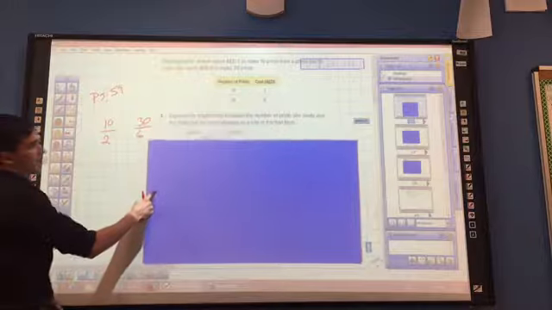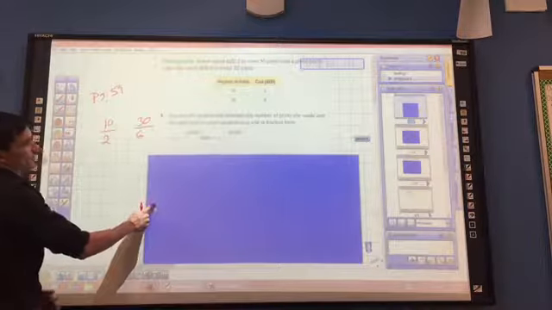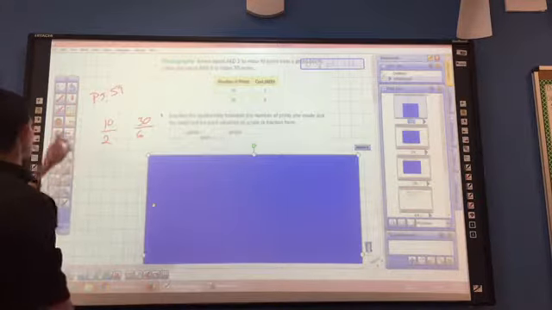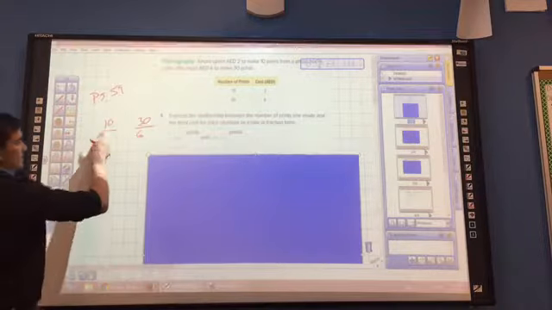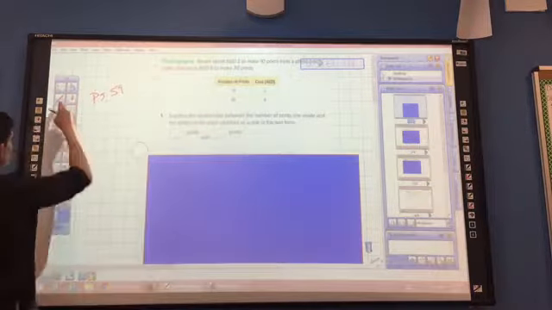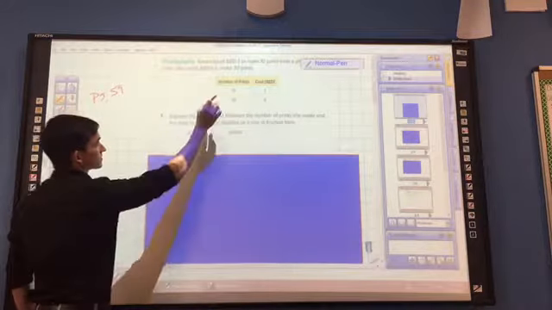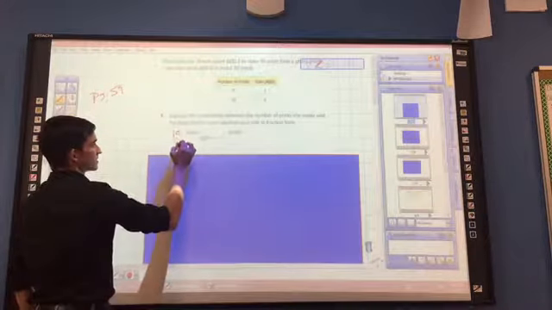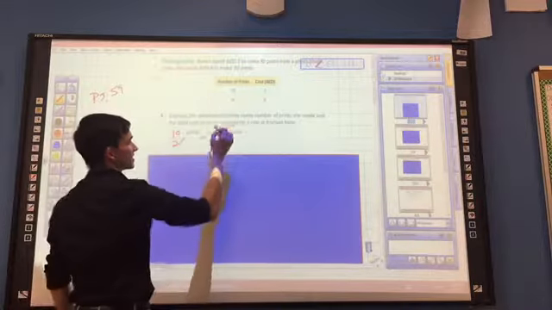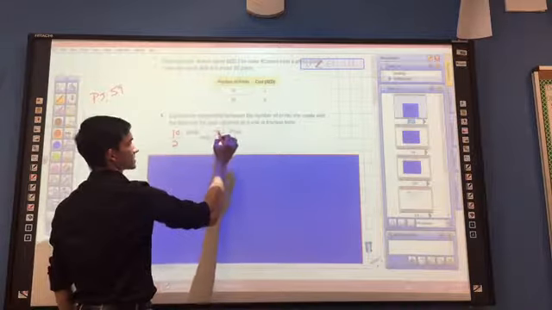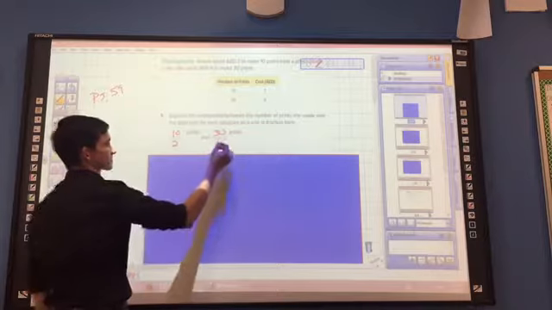Okay? And now they're in those forms. Oh, well, look at that. They even gave us the thing to do that on. So I'm going to erase this. Let's write it right here. So we have 10 prints for 2 dirham and 30 prints for 6 dirham.